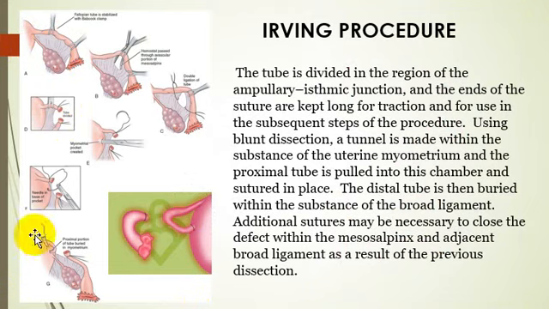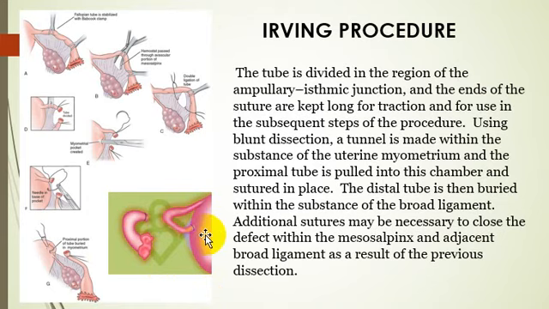Using blunt dissection, a tunnel is made at the back of the uterine myometrium, and the proximal tube is pulled and inserted into this tunnel and sutured, and the distal tube is then buried within the substance of the broad ligament, and additional sutures may be necessary to close the defect within the mesosalpinx and adjacent broad ligament as a result of the previous dissection. So this will be the picture.